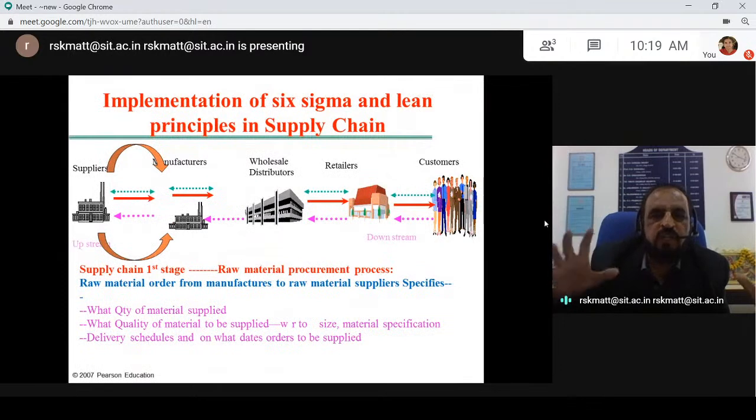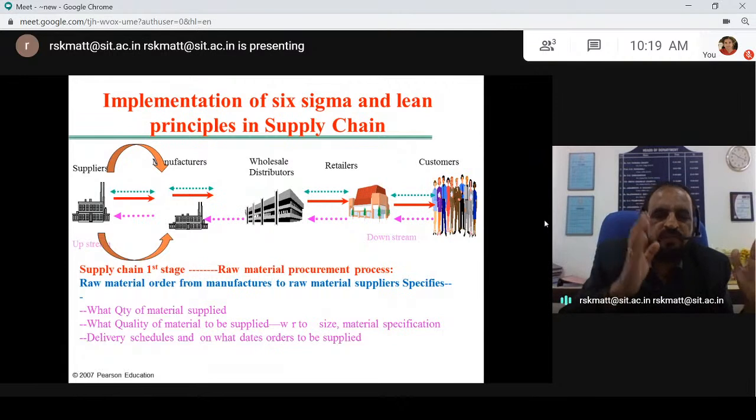Now, how are these philosophies or cutting edge technologies being used in the supply chain? So you have the knowledge of all the concepts of supply chain, lean, Six Sigma, statistics, and everything, and also how these are being used. At the first stage, we cannot apply it to the overall.